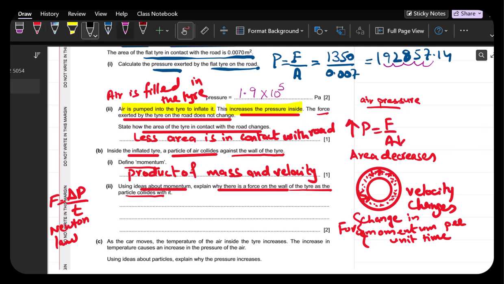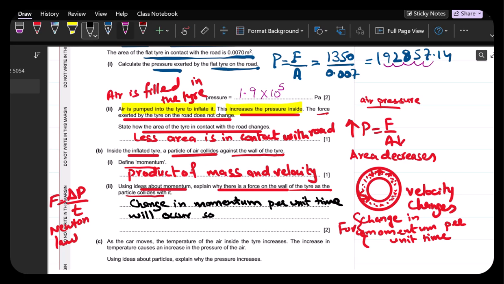So you can write here: change in momentum per unit time will occur.